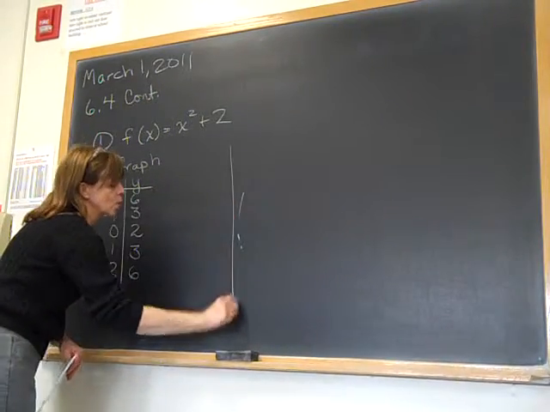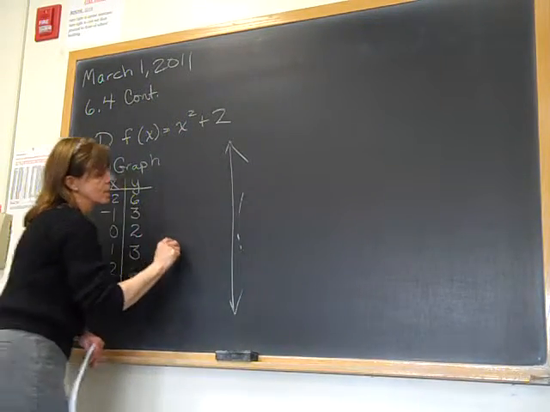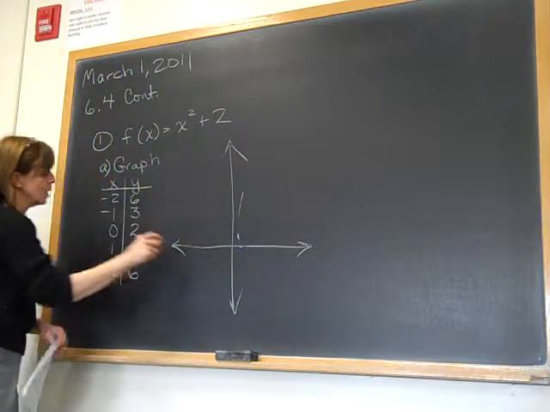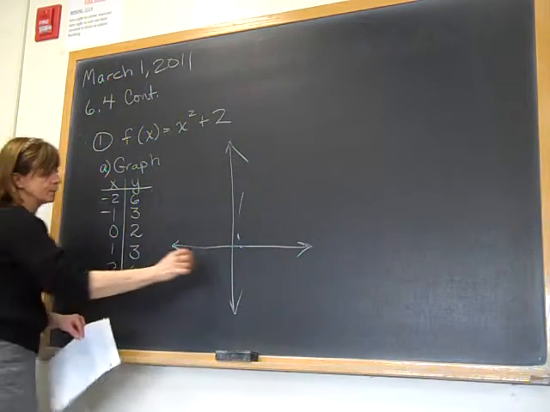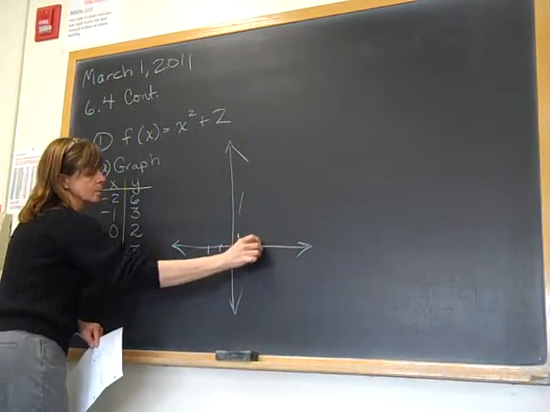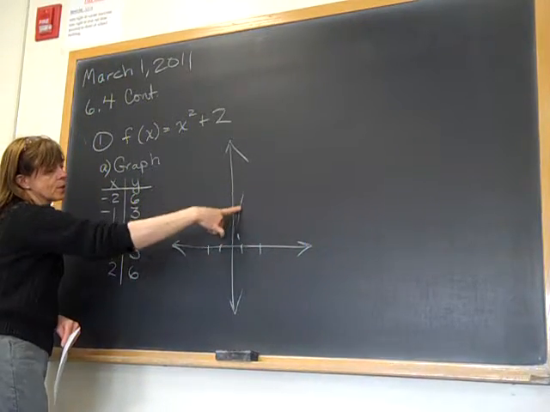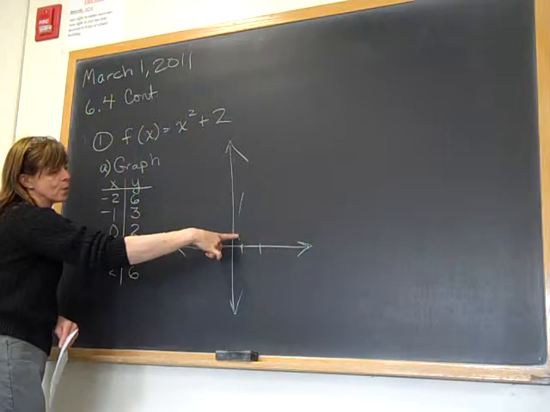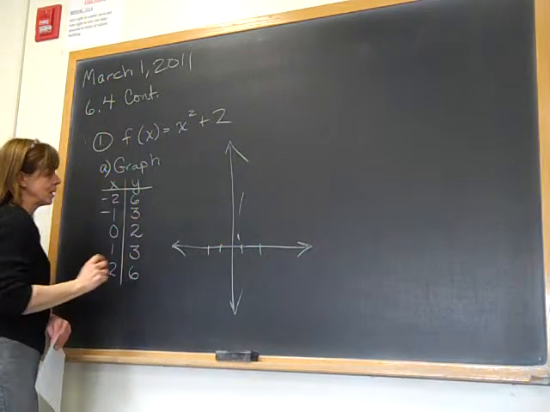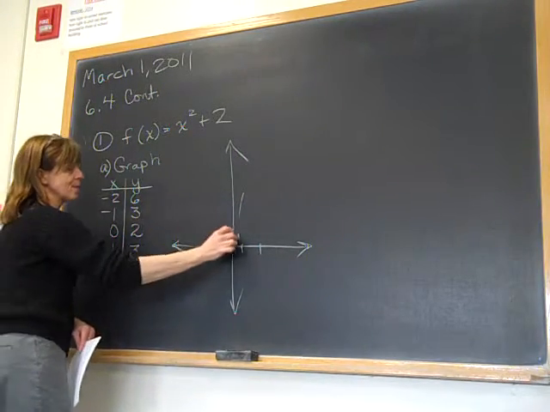So if we make our graph of this function, we'll have, and I will point out that there is a scratch here on the board for those of you that aren't used to my room and may wonder what that is.